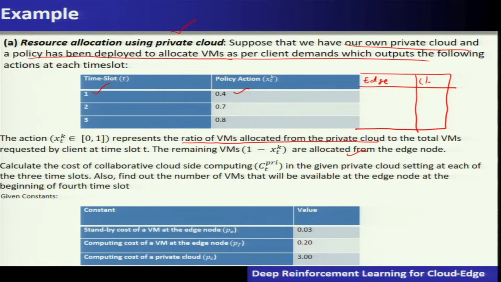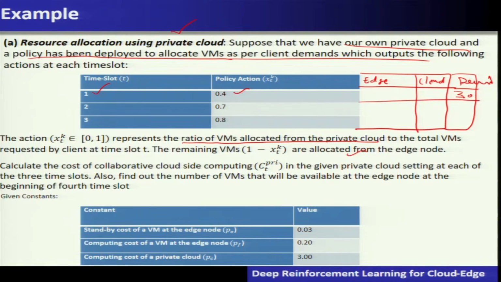So, if you consider here the resources coming from the edge, and the resources which will come from the cloud, using this policy you can see that, let us say the demand in the previous slide was 30.